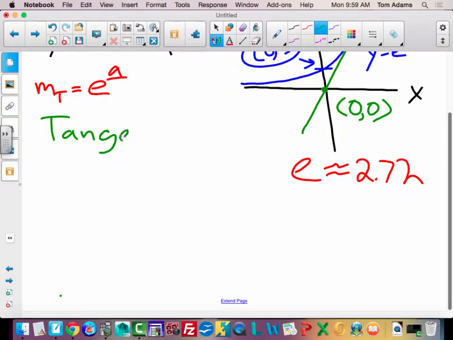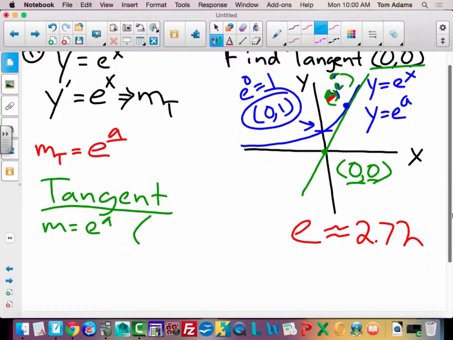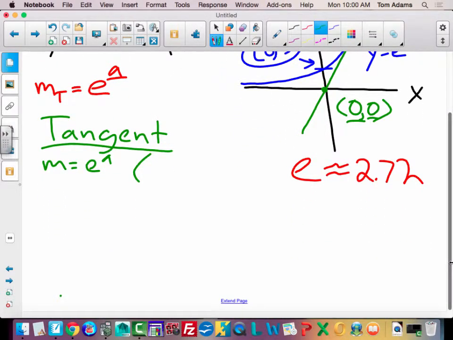Okay, so I'm going to draw this in green so we don't get confused. I know that the slope of this is e to the a, and I know it's going to pass through the point. Now here's where it gets a little tricky. I'm going to let it pass through the point e to the a. Now it also passes through the point 0, 0. But I'm trying to solve for a, so I think if I plug in some a's, I might be able to use some sort of system of equations to solve for a, which is what I'm going to desperately need to do.